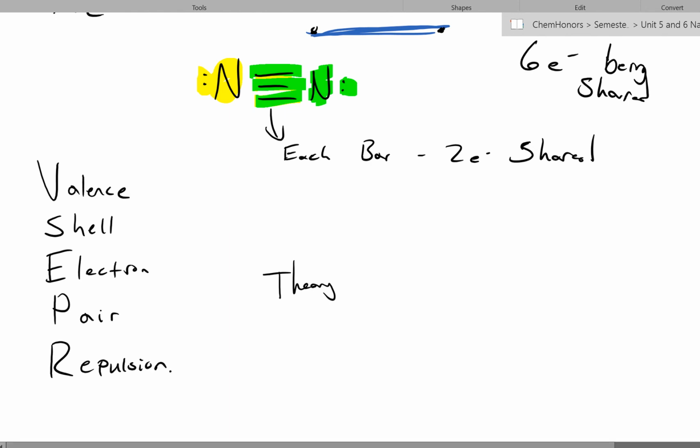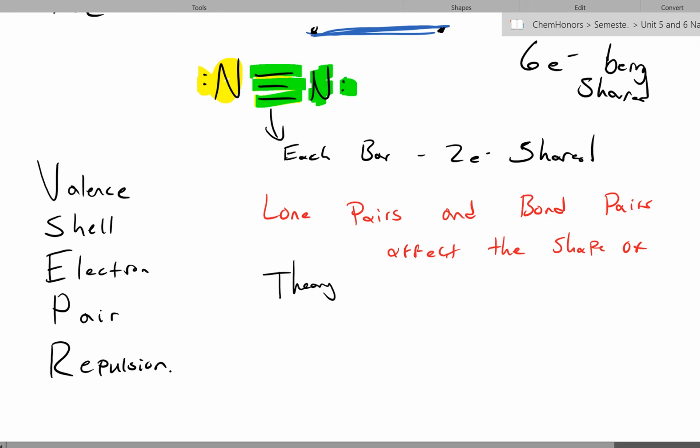The whole point of this one is that it tells us that lone pairs and bond pairs affect the shape of a molecule.